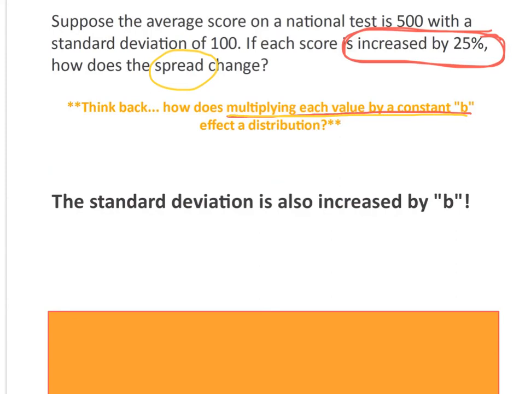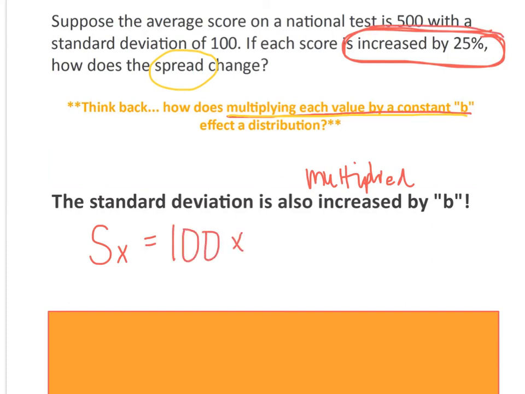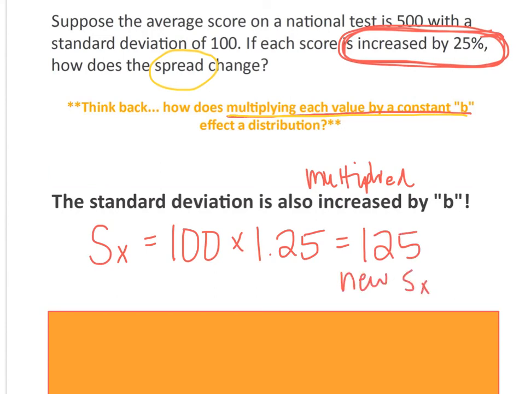The standard deviation is also multiplied by b. So if my standard deviation was 100 and I multiply it by 1.25, I get 125 as my new standard deviation. So this is review, but just to make sure we're super solid.